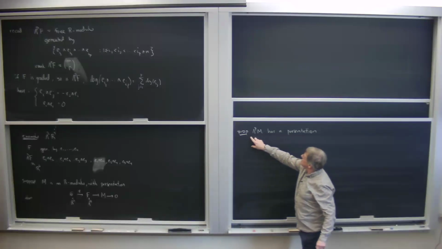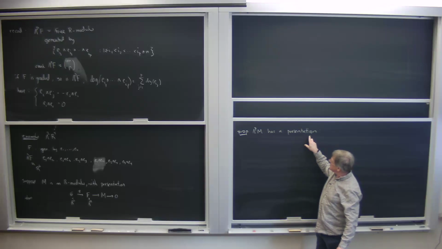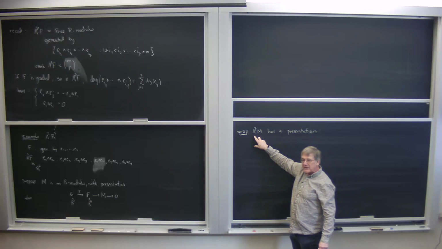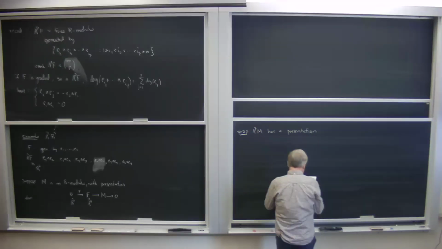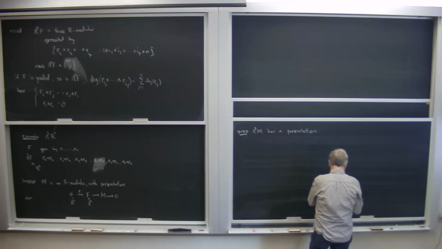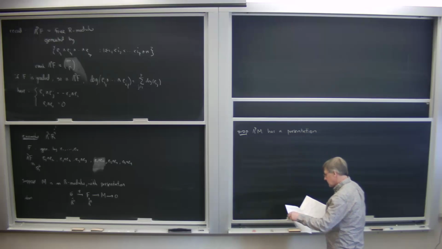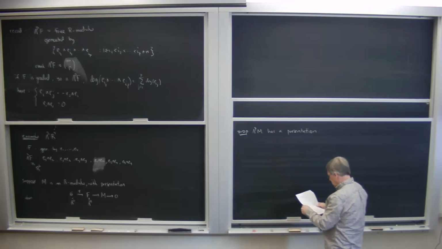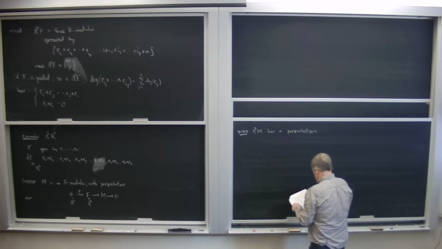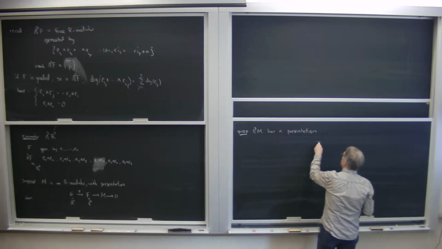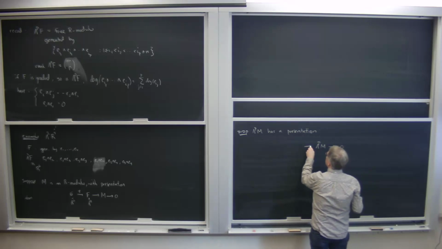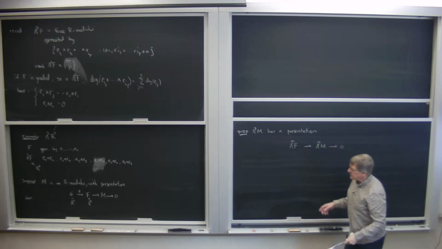Okay, so I'm looking at this: wedge P of M has a presentation. The first part of the exercise is to go back and make sure you remember what the definition of wedge P of M is as a quotient module. But here, it's just going to be the following. It has a presentation, and it's wedge P of M, generated by the images of wedge P of F. That's what I just said.